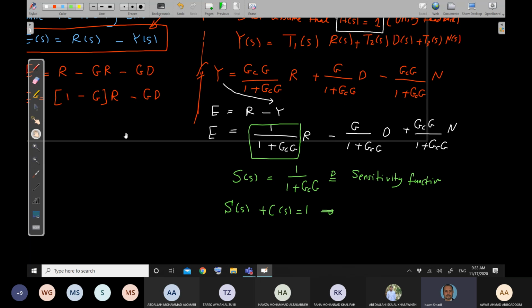So if I do the math, C of S will equal GCG over 1 plus GCG. And this is what we call the complementary sensitivity function.